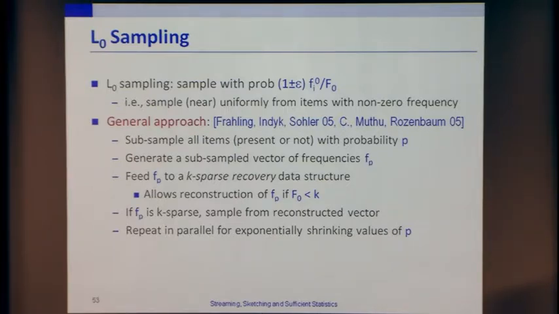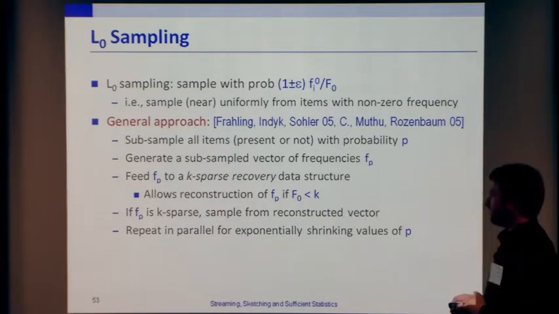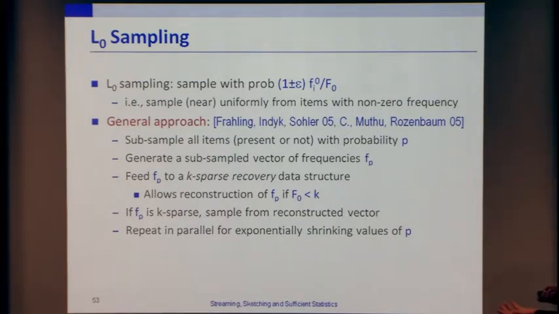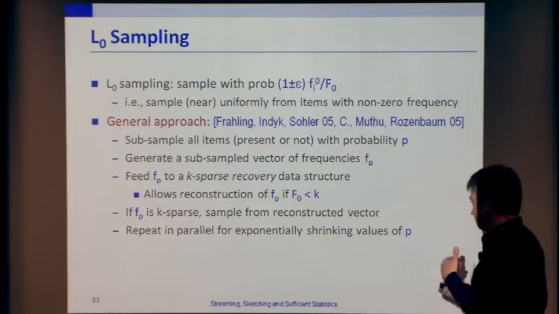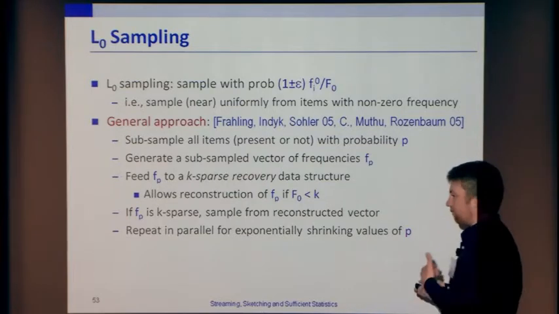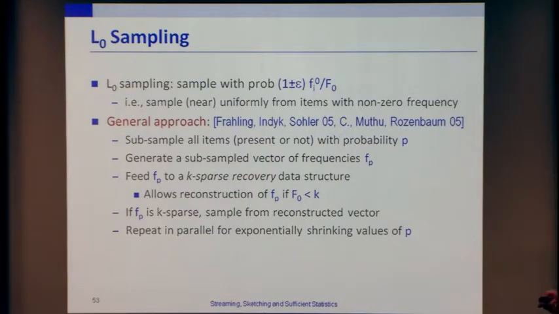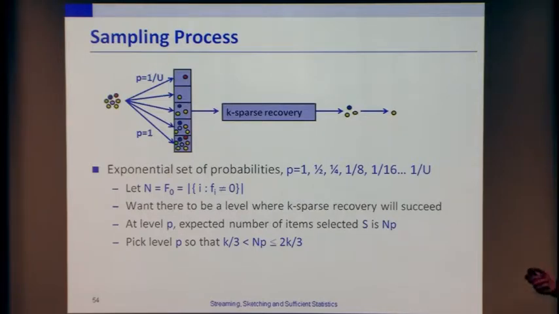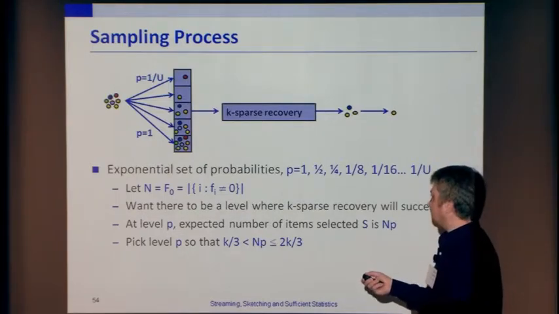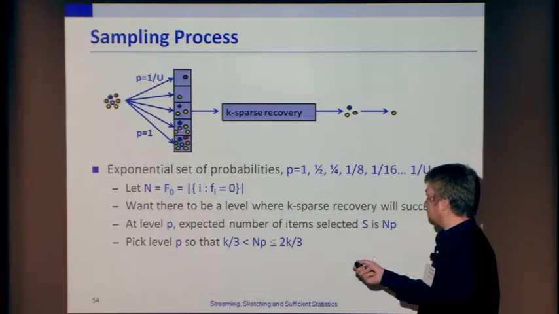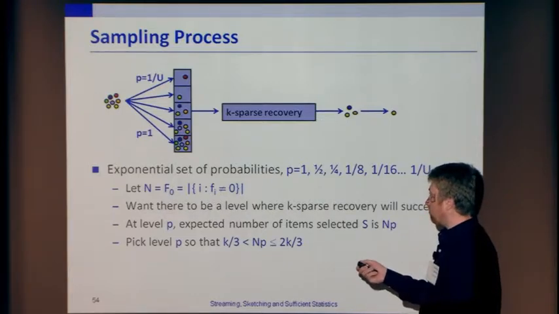I'm just going to make a bunch of guesses in parallel and argue that one of them is going to succeed. So in particular, what I'm going to do is just look at a geometrical sequence of sampling probabilities. So I'm going to start with my input. I'm going to look at my input once sampled with probability 1.